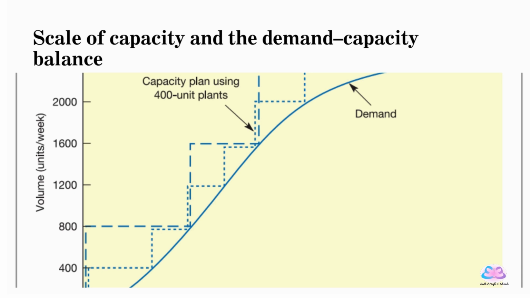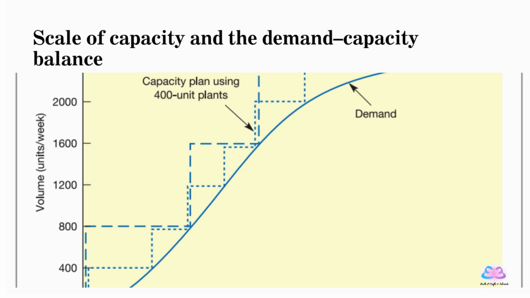If the company seeks to satisfy all demand by building 3 plants, each of 800 units capacity, the company will have substantial amounts of overcapacity for much of the period when demand is increasing.